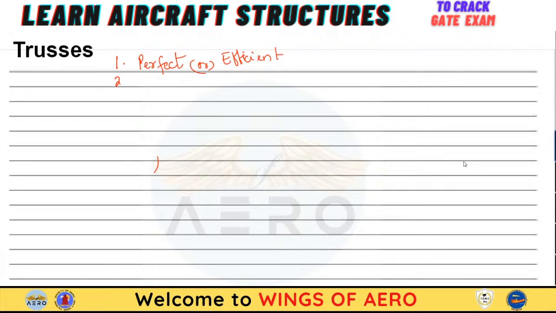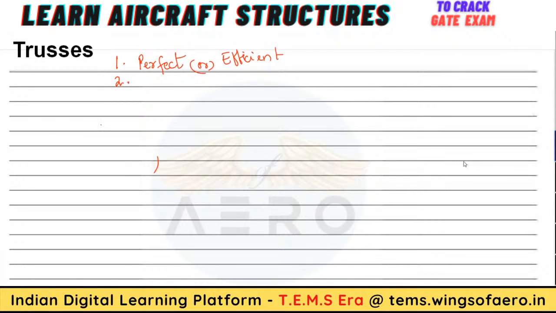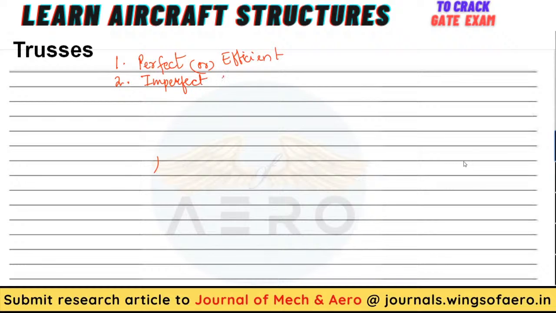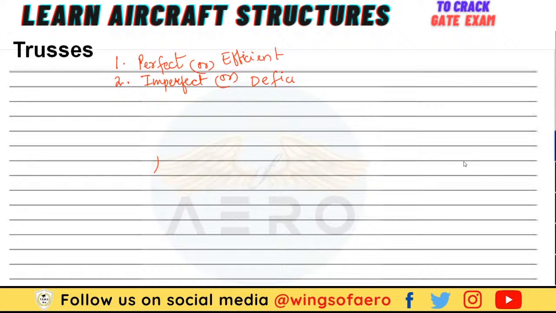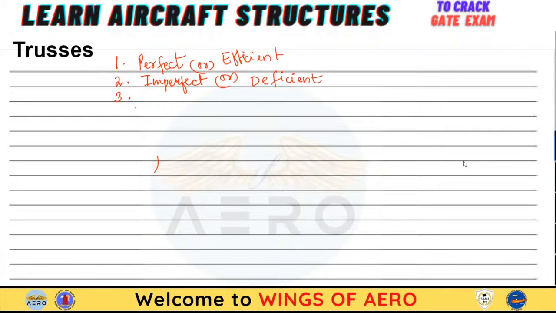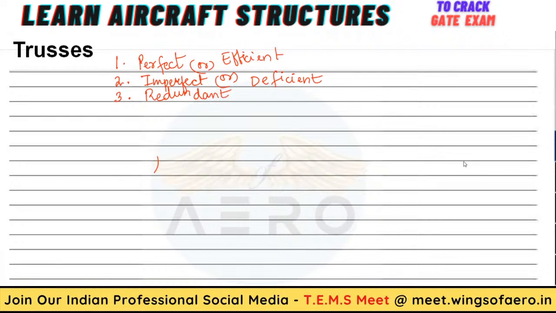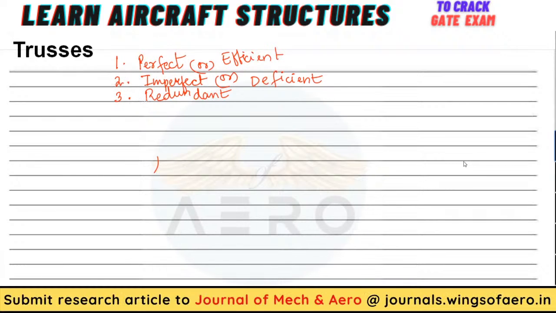The second one is imperfect, also known as deficient, something lacking. And the third one is redundant, something in excess. So the first is perfect, the second is imperfect or deficient, and the third is redundant.